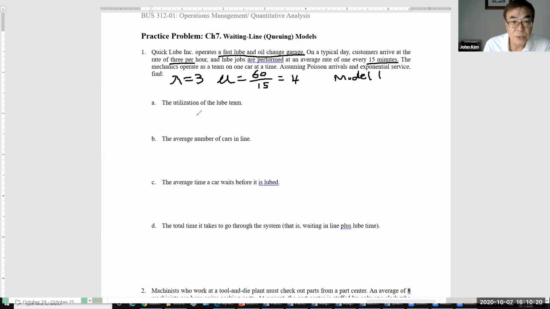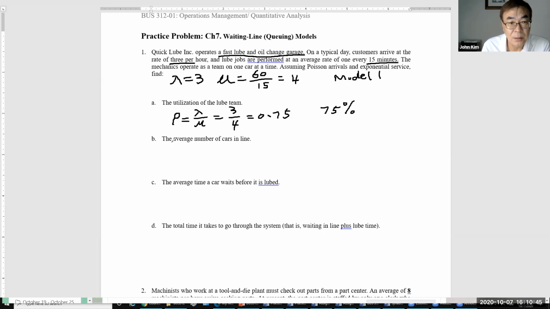The utilization, rho equals lambda over mu. So 3 divided by 4 equals 0.75, so 75%.